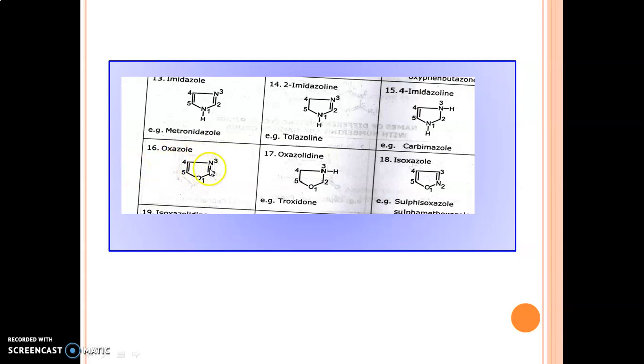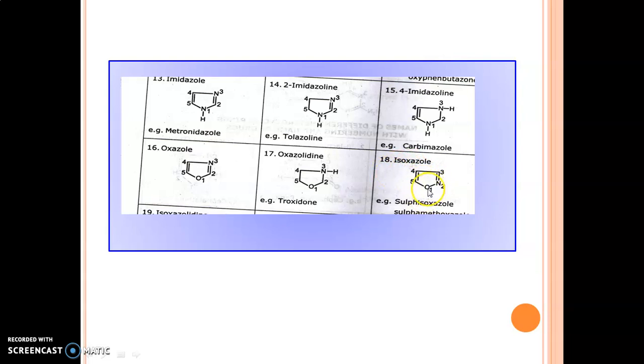Next ring is oxazole. In this, oxygen and nitrogen are the heteroatoms. At one position is oxygen and 3 is nitrogen. When there is saturation of both the bonds, oxazole is converted into oxazolidine, and when there is saturation of one double bond, oxazole is converted into oxazoline. Then next ring is isoxazole.